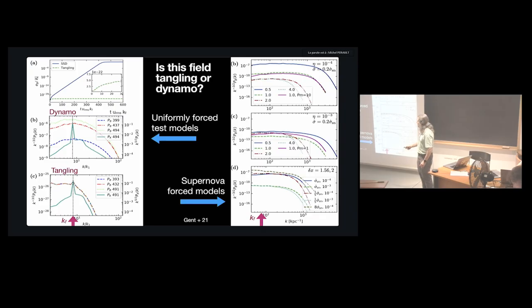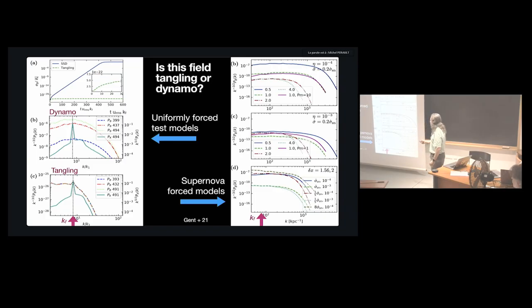And what we see is we get large scale field, but it drops off dramatically below the forcing scale. On the other hand, when we had a lowered resistivity so that we could drive a dynamo, then we get a large range of power, down to very small scales, which is expected for the dynamo that drives primarily near the dissipation scale.